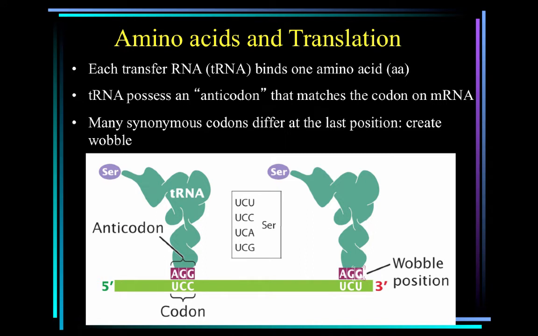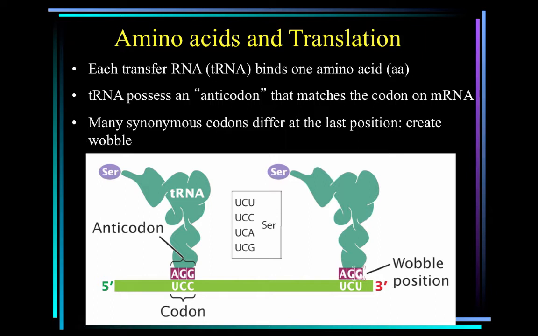So amino acids are basically brought in to start forming the polypeptide chain by transfer RNA. So each transfer RNA is going to bind one amino acid. Okay, so as we get moving here, you're going to see a lot of figures.